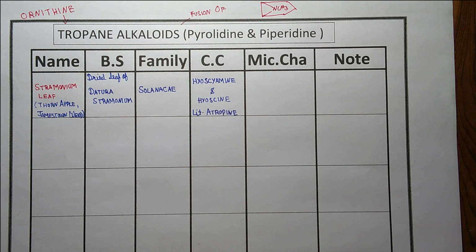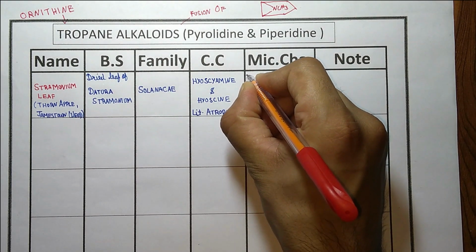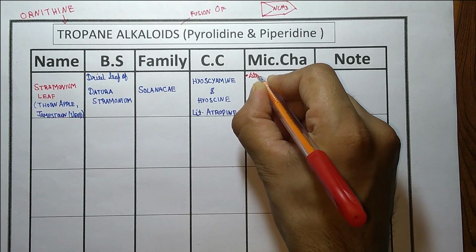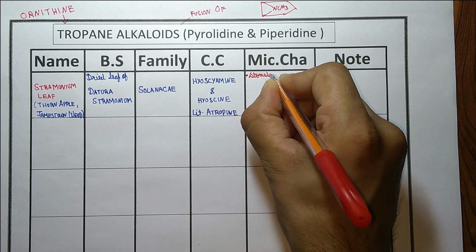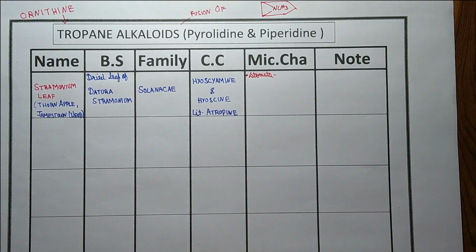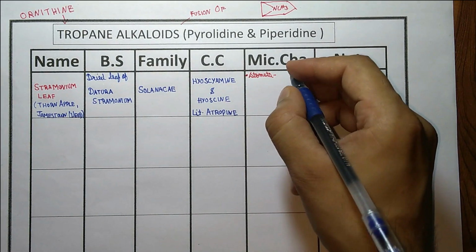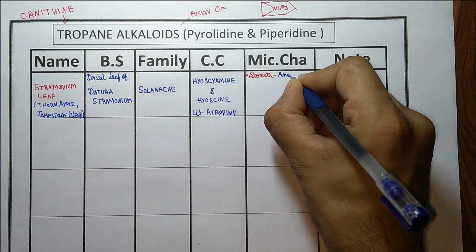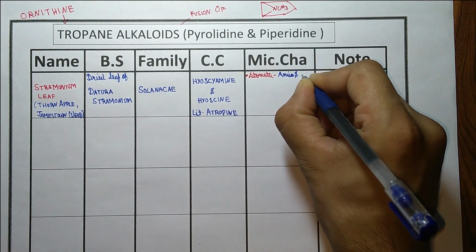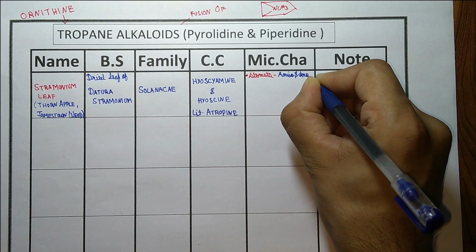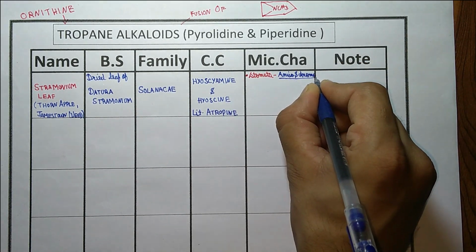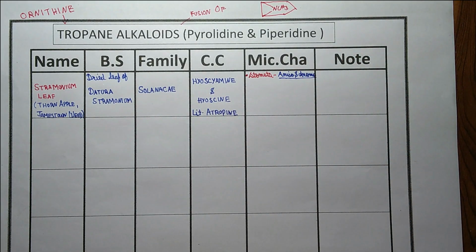So let's talk about the first one, the stomata. Stomata are anisocytic or anomocytic. Students, aniso and anomo, anomocytic stomata.